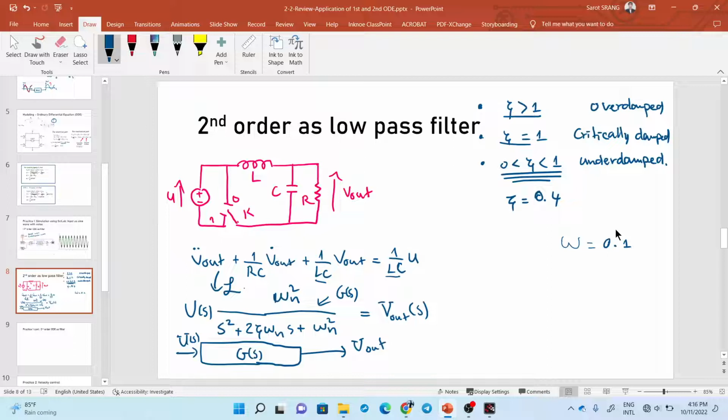For zeta, 0.4 or any value less than 1, but between 0.4 and 0.8 maybe is good to see the overshoot.